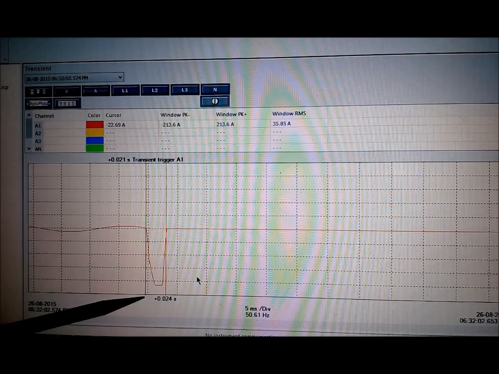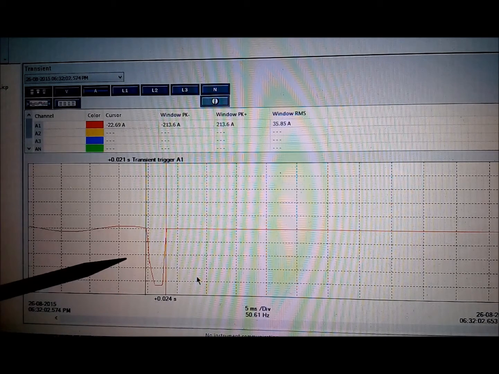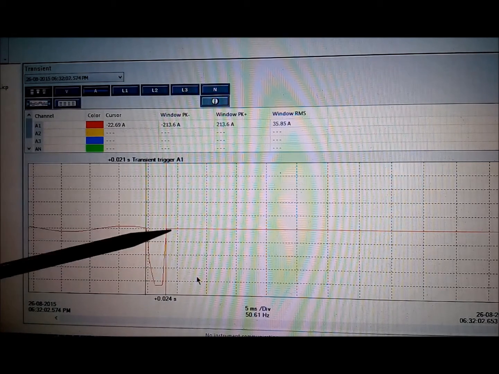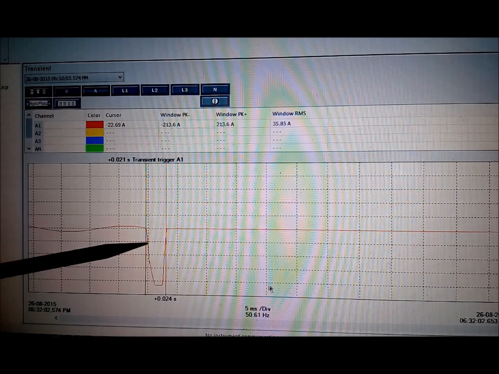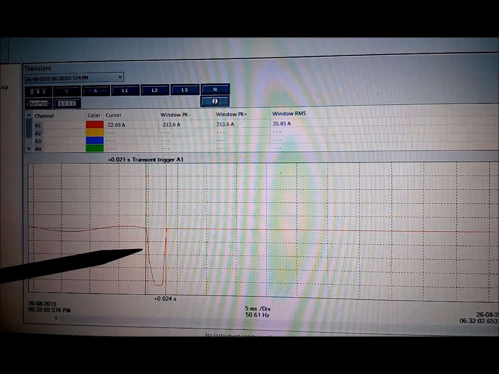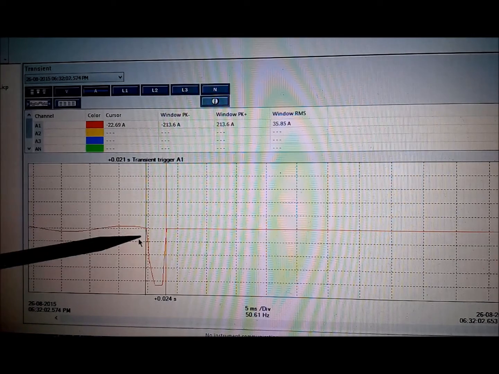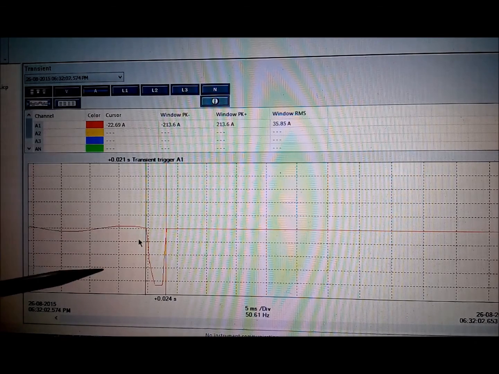It started at 0.021 seconds and went to 0 at 0.024 seconds. So you can calculate that the fault withstood for 3 milliseconds, and the fault magnitude, if we calculate, goes to 174 ampere. And you can see here the scale shows 250, so the calculation is not exactly at 250, but it was 174 RMS value here, and the tripping time, you can see, is just 3 milliseconds.